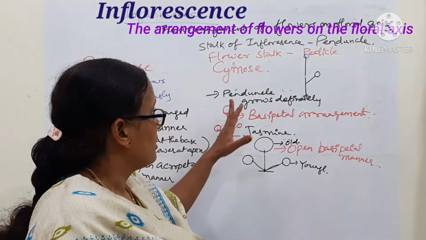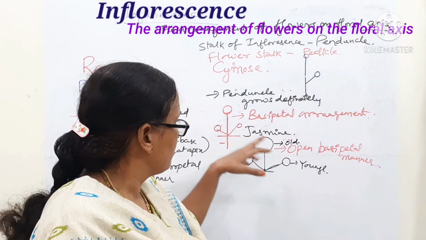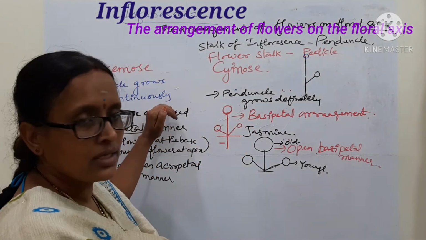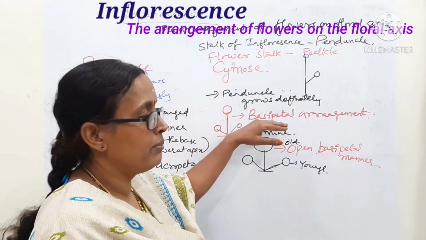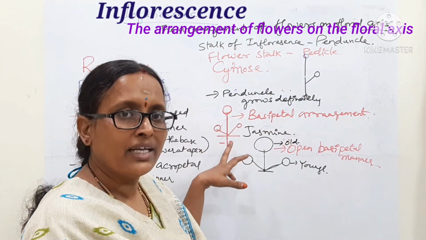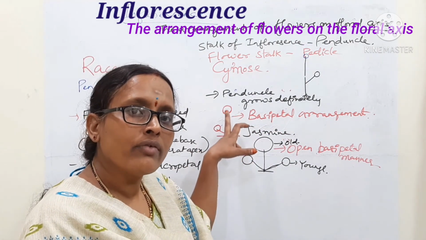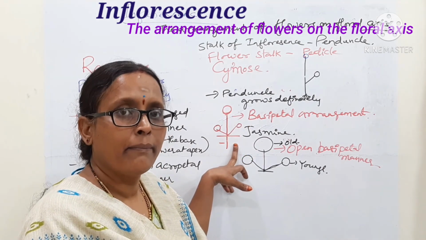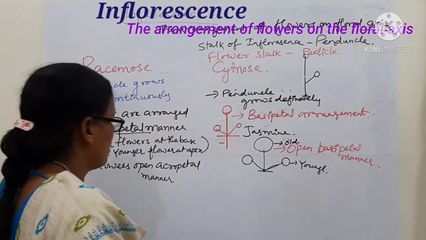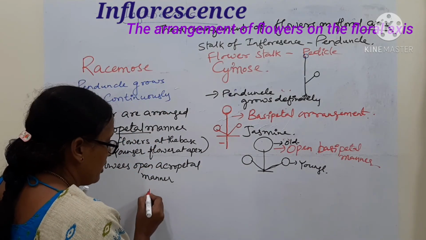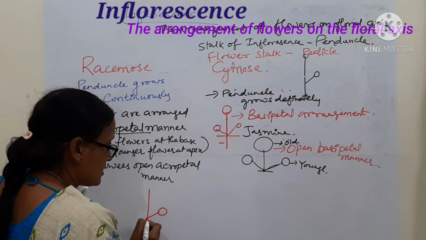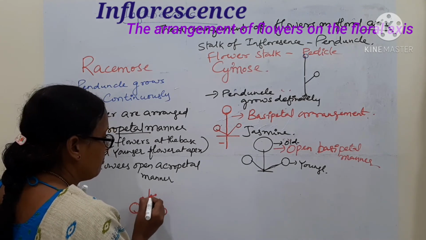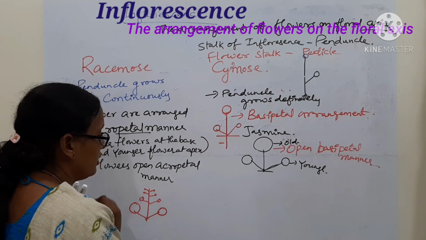In cymose, the peduncle growth is definite, meaning the growth of the peduncle is stopped. Here in racemose, the growth of the peduncle is continuous. Basipetal arrangement means older flowers are at the apex and younger flowers at the base, whereas in racemose, older flowers are at the base and younger flowers are at the apex.